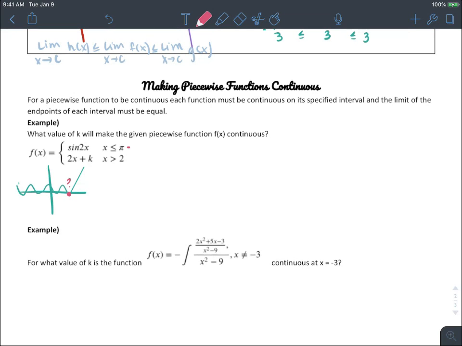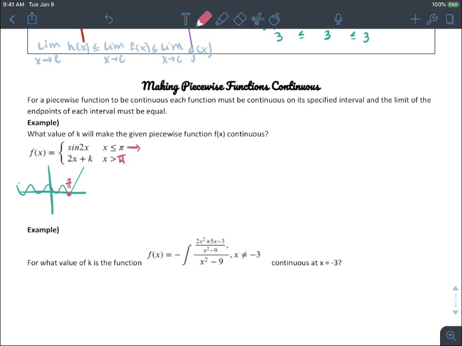First of all, since I know that this goes to pi, this should also be pi right here. Sorry about that, because this function is less than pi, and we're going to switch to the other equation when we go greater than pi.